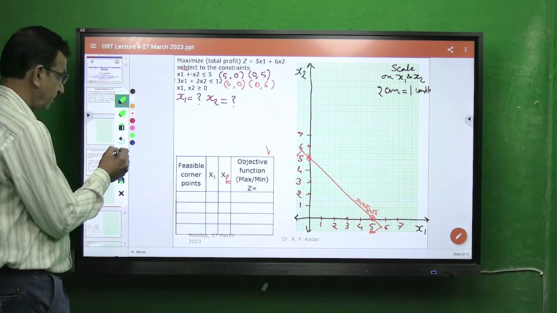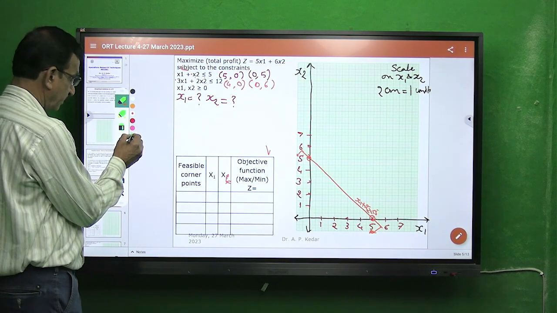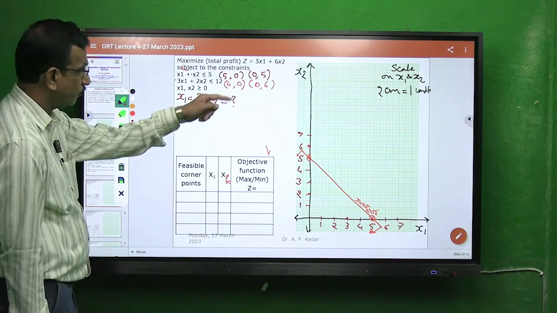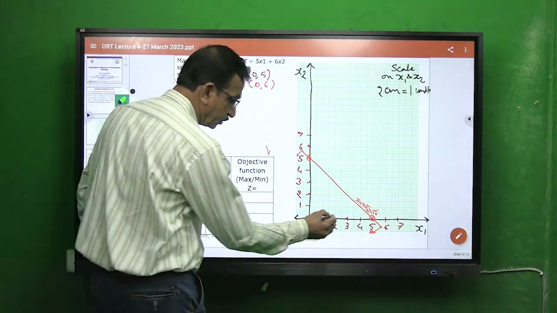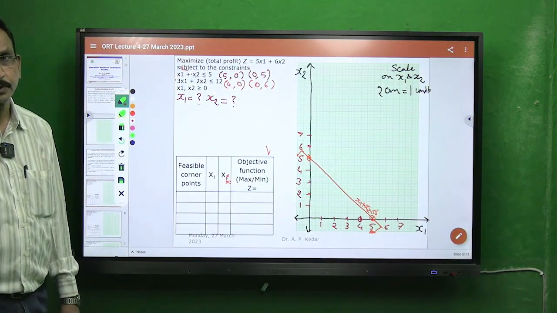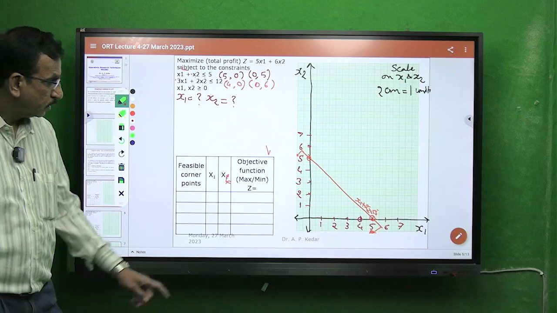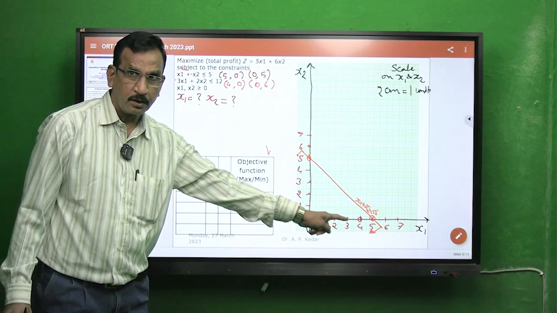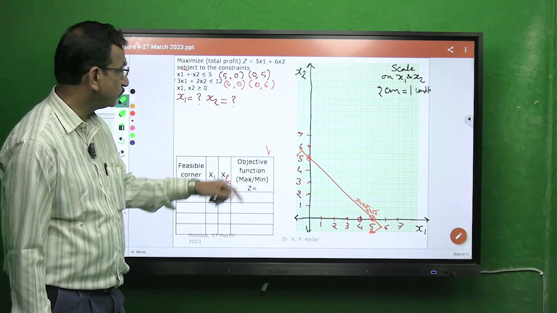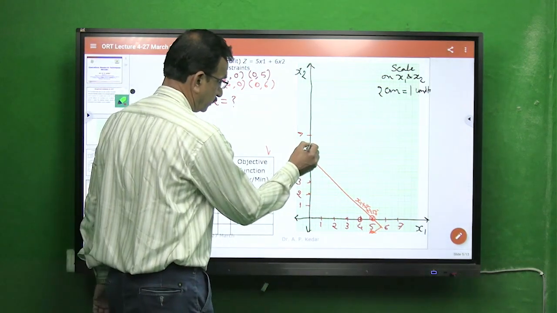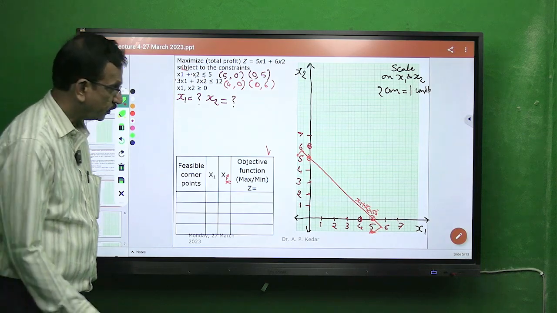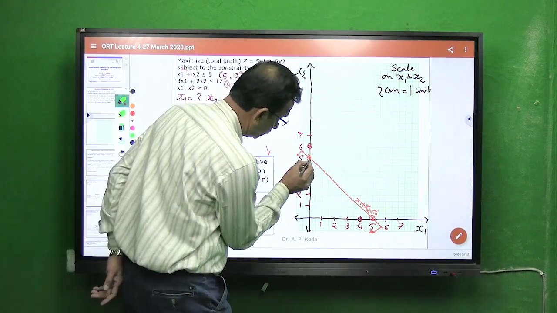Now the second line we will plot, which is 4, 0. So 4, 0 is this point, clear? 4 on the x1 axis, 0 on the x2 axis, and 0, 6 is this point on the y axis. Again do the same process.